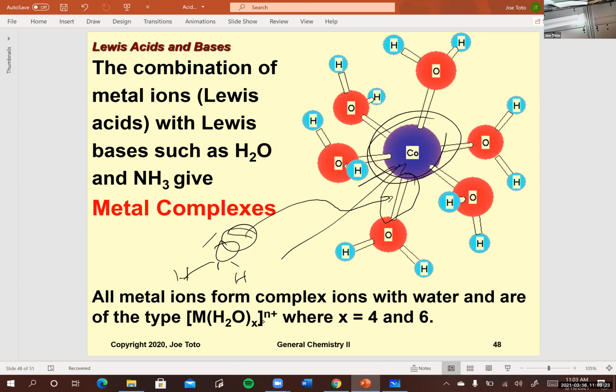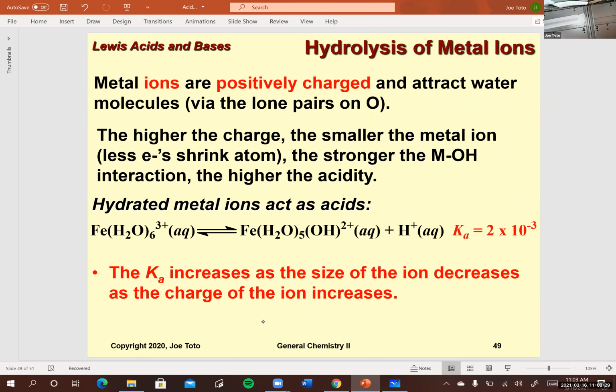They have this interaction with the water, these coordinate covalent bonds, these Lewis acid-base interactions. And in this case, with iron, it has a Ka that's greater than acetic acid. So you can get more H plus from an iron cation than you could from acetic acid.